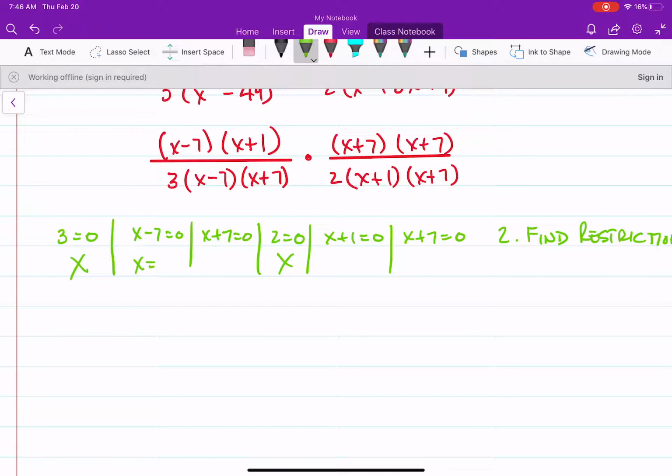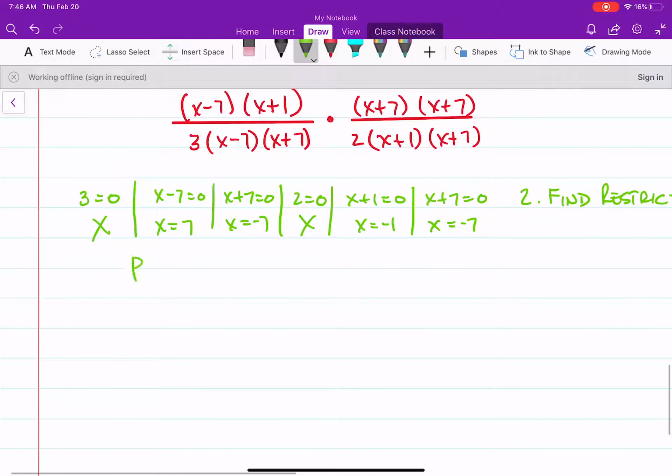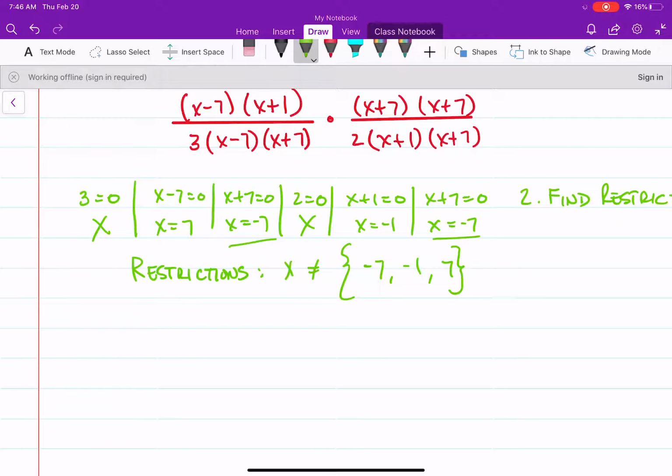So we got x equals 7, x equals negative 7, x equals negative 1, and x equals negative 7. All right, with that being said, that means my restrictions are that x cannot equal negative 7, negative 1, and 7. So make sure that you rewrite these negative 7s twice. You don't need to write it once, okay?